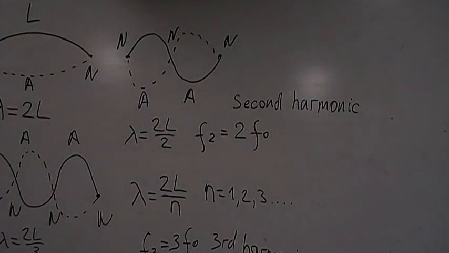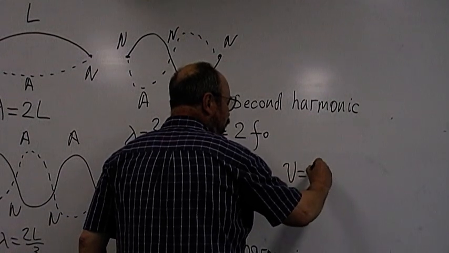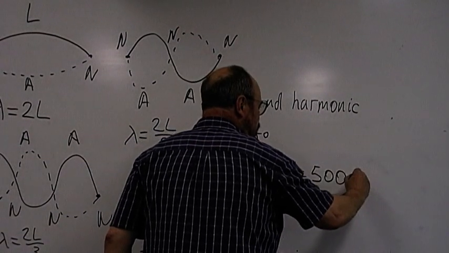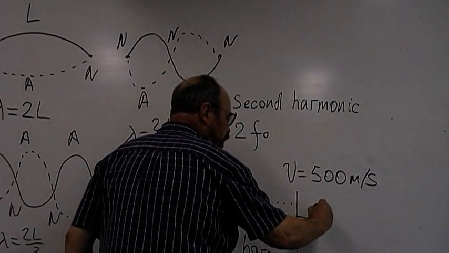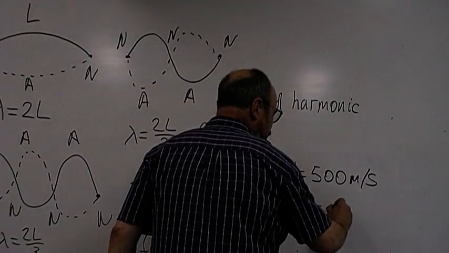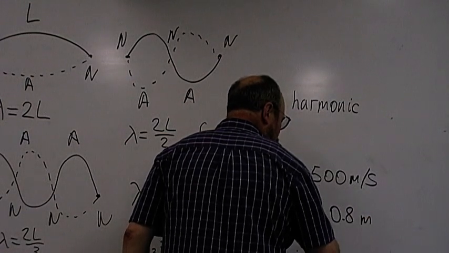So, for example, the speed of the wave in the string, remember it's not a sound wave in the air, so it will have a different speed. Let's say in a certain string, speed is 500 meters per second, and the length of the string is 80 centimeters, 0.8 meters.